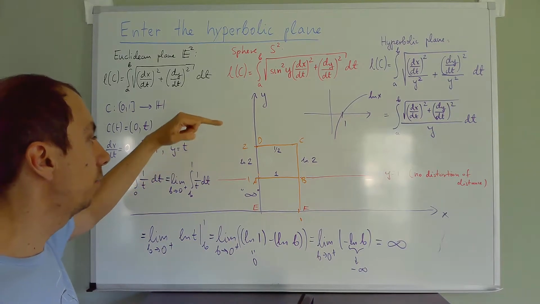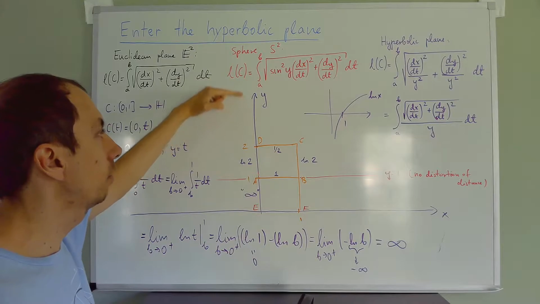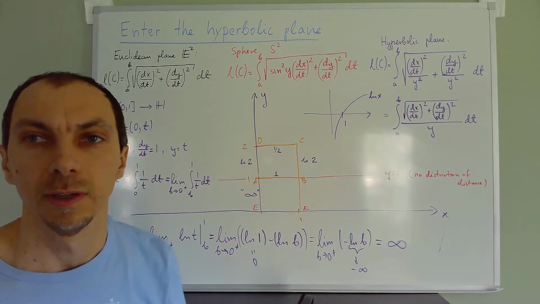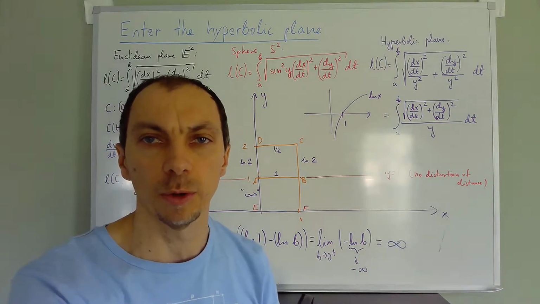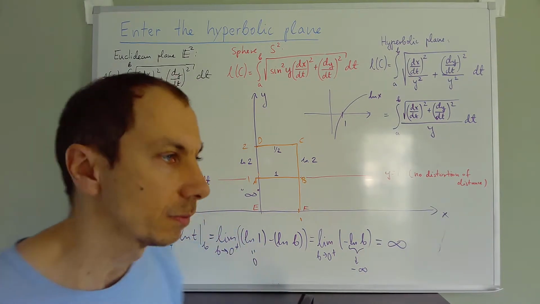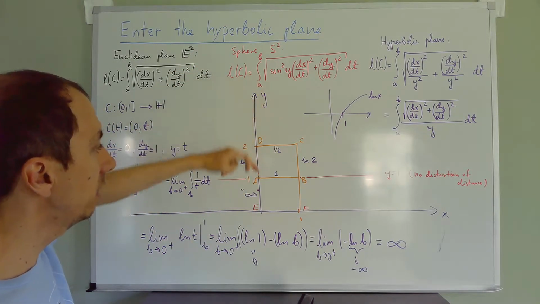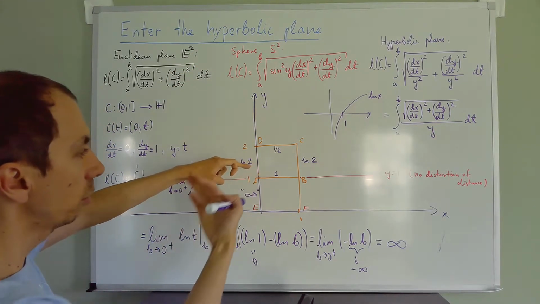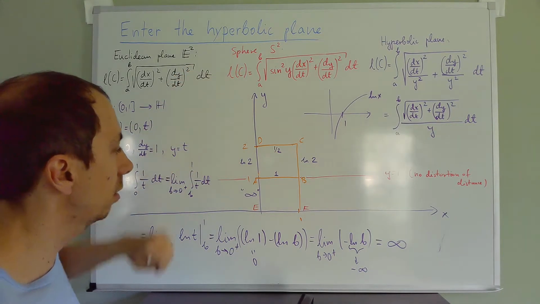Because if the flag posts were y equal 2, y equal 3, y equal 4, y equal 5, the real distance between two consecutive flagpoles is getting smaller and smaller. So if they're walking in this direction, for us, looking only at this planar representation of the hyperbolic plane, they seem to walk faster and faster.